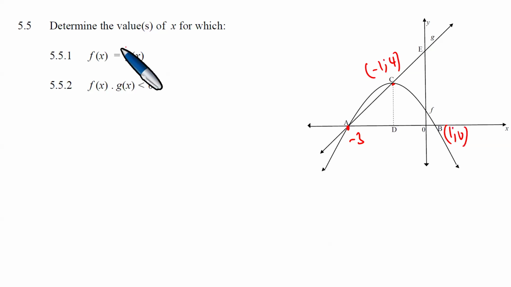So F equals G whenever x is -3 and whenever x is -1. Whenever x is -3, whenever x is -1, the functions are equal to each other. That is what we are able to note there.